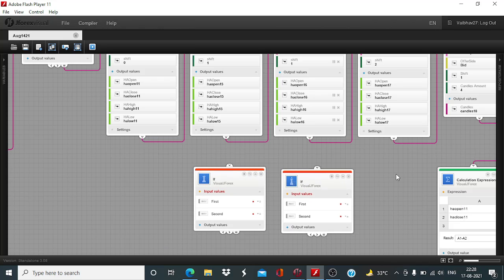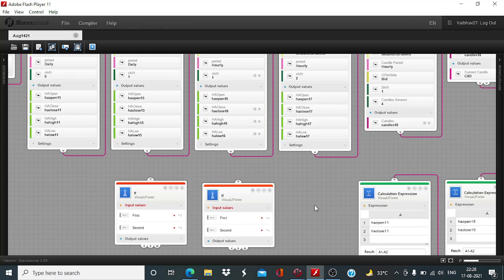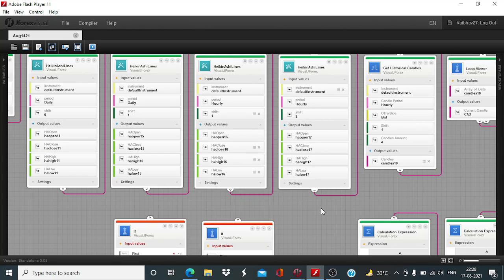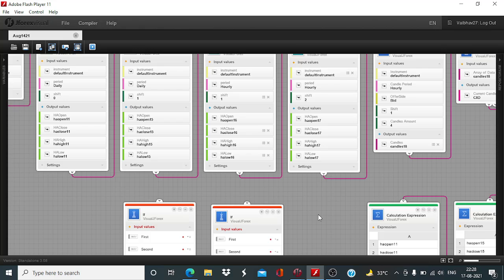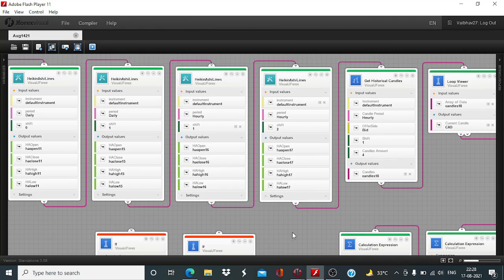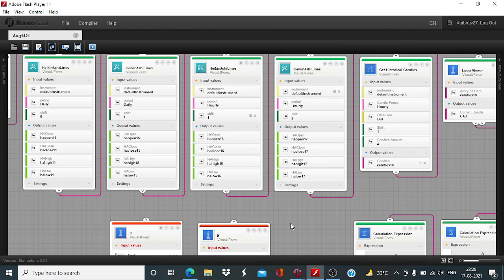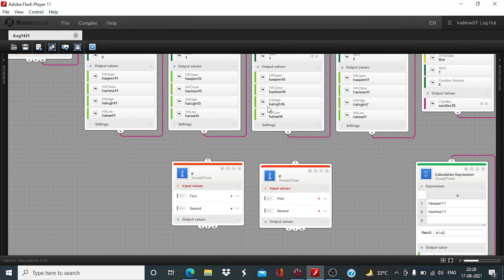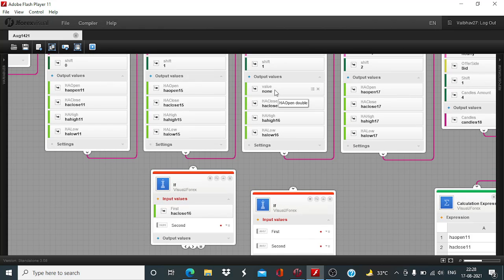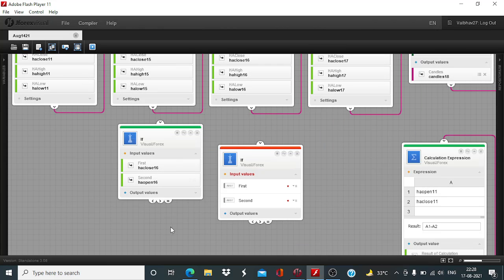The last hourly candle Heikin Ashi output values need to be in line with our requirements. Its HA close should be lower than the HA open, so we need to make sure that HA close 16 is less than HA open 16. First input less than second input.